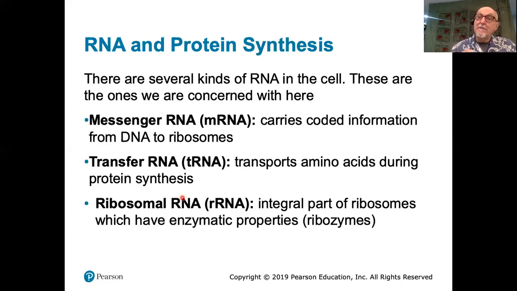And some of the ribosomal RNA molecules are ribozymes, and they are intimately concerned with the process of translation, of creating the final protein molecule from the RNA code. So we're going to go through all of that. We're going to see exactly how this is done.